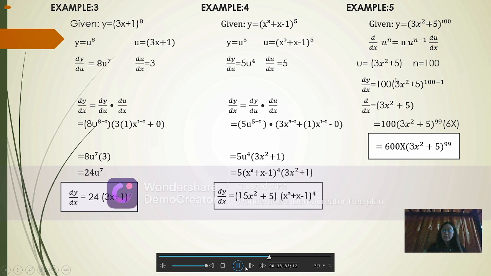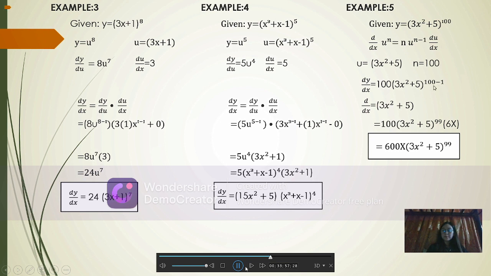Then yung u, rewrite natin dito. Bababa natin yung exponent natin. Then 100 dito. Then rewrite naman natin dito yung u. So ito nga yun, yung 3x squared plus 5. Then yung exponent natin, babawasan natin ng isa.